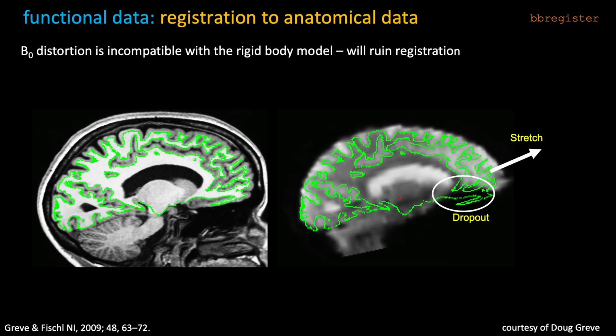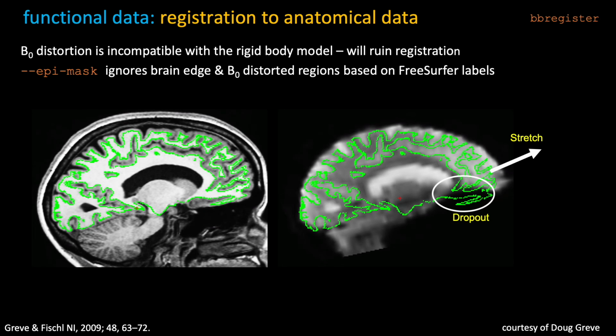So a simple thing that we can do, and that I actually use most of the time, is to use the EPI mask parameter or flag. And that makes BB Register use FreeSurfer labels to ignore both edges of the brain, but also the regions that are known to have high B0 distortion. So this can be very helpful as the alignment won't be affected by these regions.